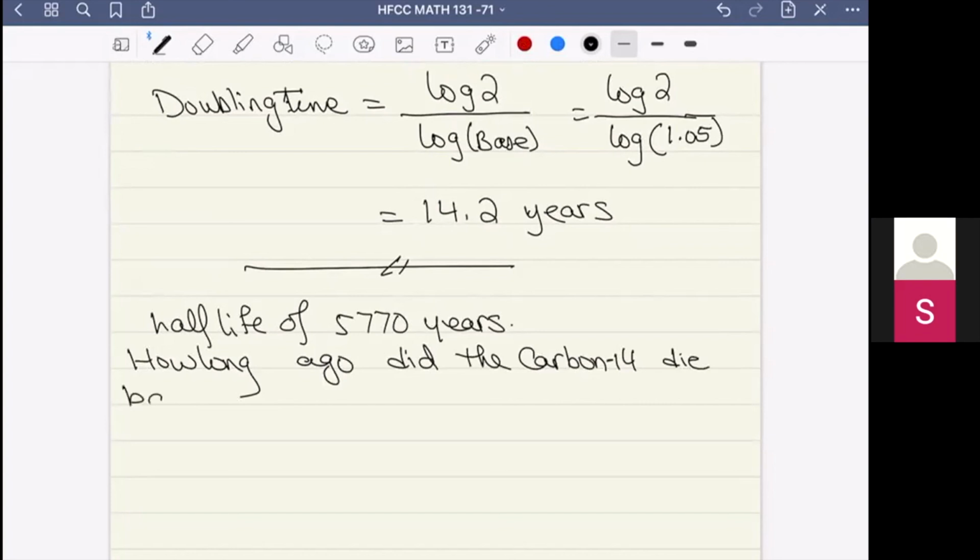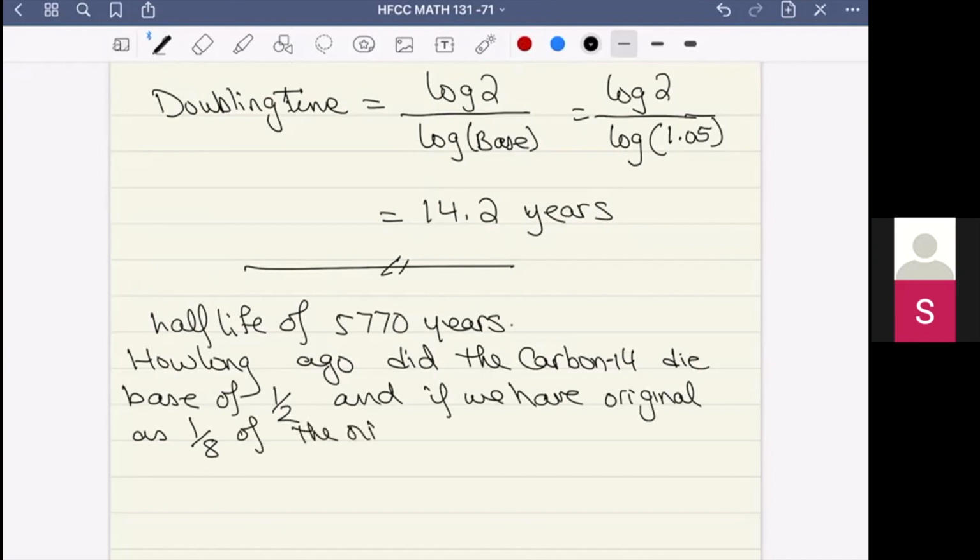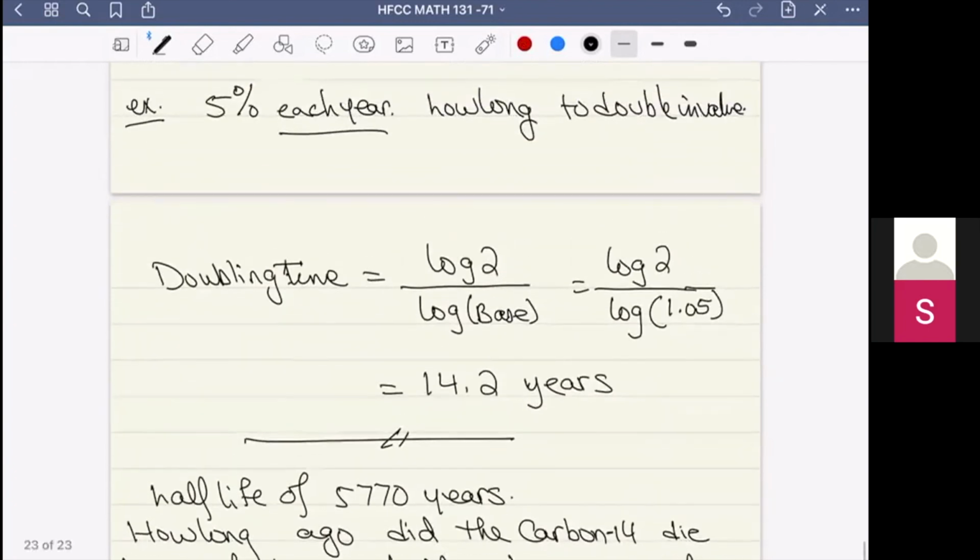Given we have a base of half, they gave us the base of half, and we have the original amount as 1/8, the amount that we have is 1/8 of the original amount. So the exact same thing we used for the doubling formula.